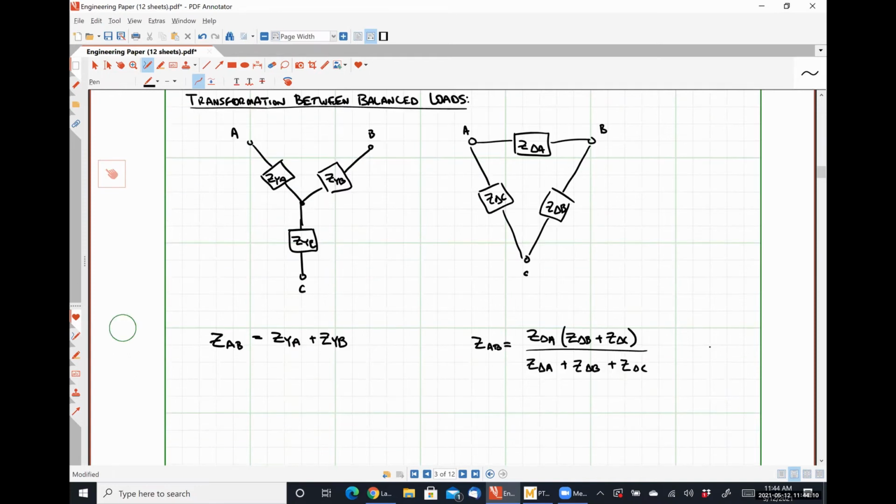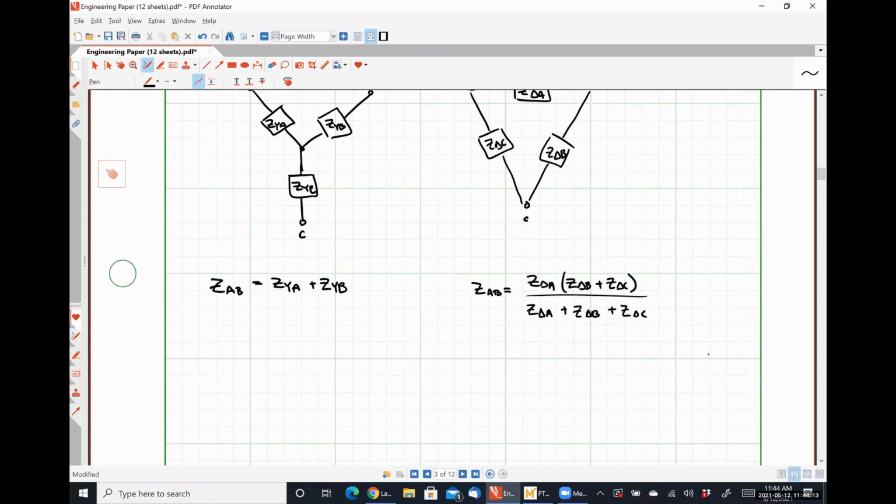If I equate these two expressions, I will get 3 equations, okay?